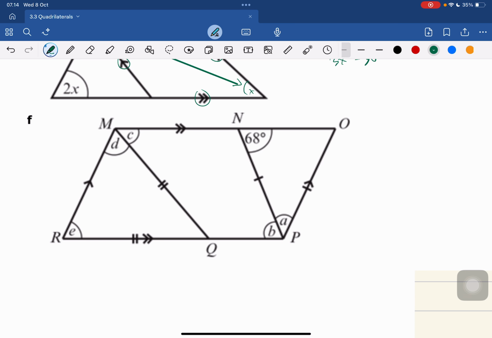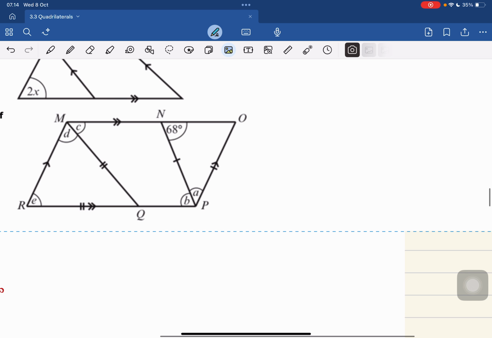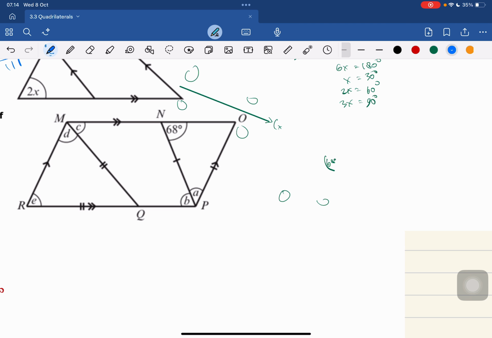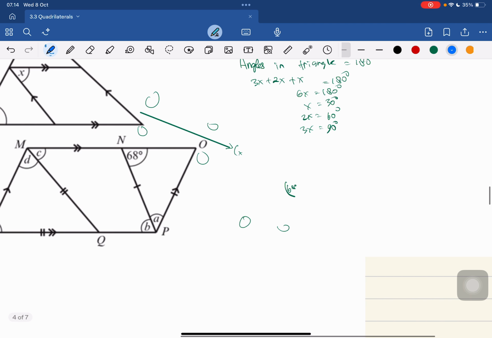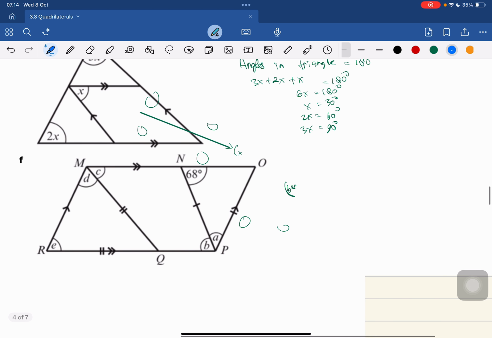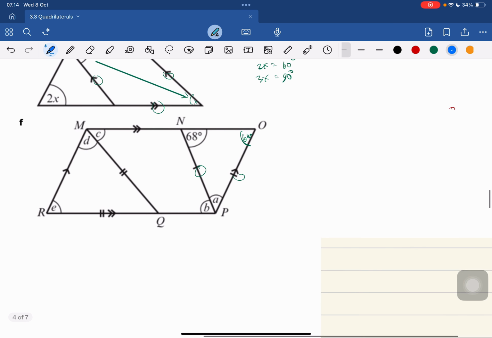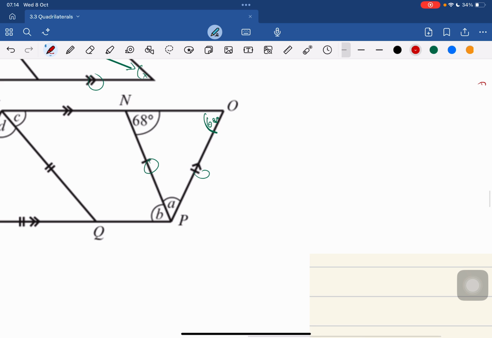What can we see from here? Okay, this is a base of an isosceles, so these are also equal, 68 degrees. So let's find A. Let's change the color. Okay, I think I moved it some. Wait, let me fix it. 68.